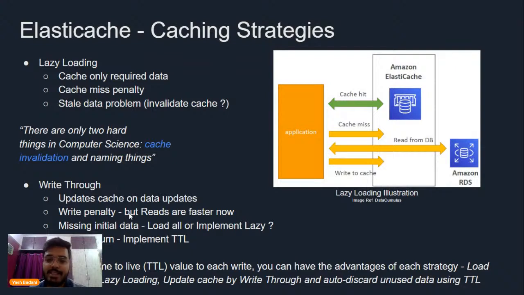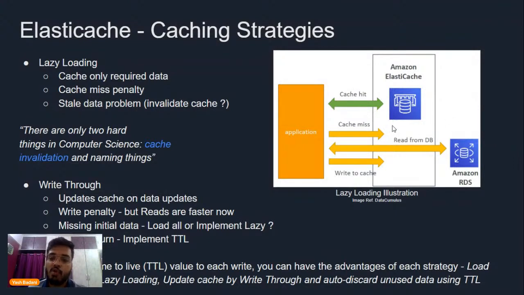The first problem, that is write penalty, right? It's a general tendency and intuition that whenever a user accesses an application, the reads need to be faster and the writes can take some time. I'm not saying a lot of time, but it may take some time, and a user is expected and knows that it will take some time.